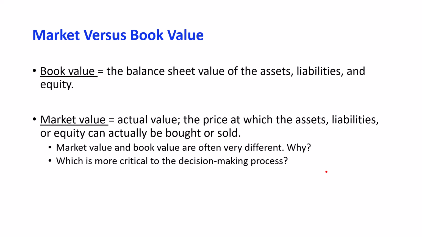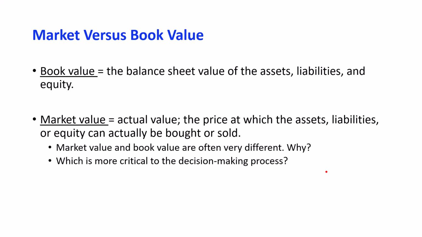Market value, on the other hand, is the actual value, the price at which the assets, liabilities, or equity can be bought or sold today. Usually these two are very different, and we're going to see why. But which one do you think is more important for our decision-making purposes? Book values or market values?